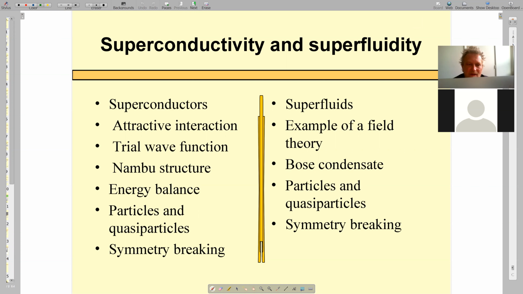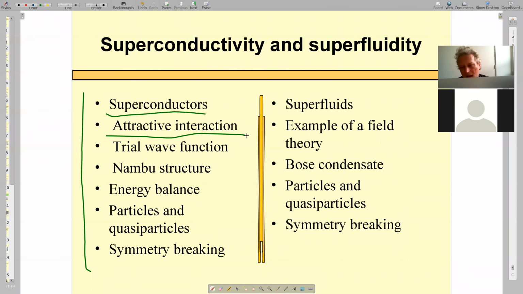So I will tell you a bit more about superconductors today as compared to superfluids. Well, we just look at the definition and physics, how it was discovered. We understand that attractive interaction actually makes a superconductor, and then we will resort to a method which we have already successfully applied in magnetism a week ago.